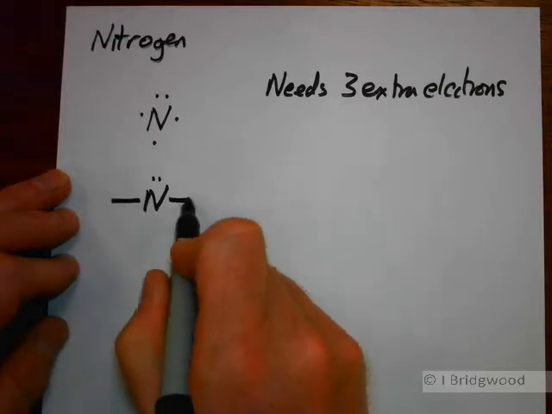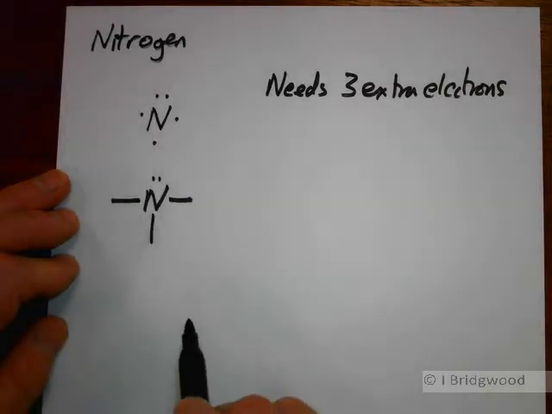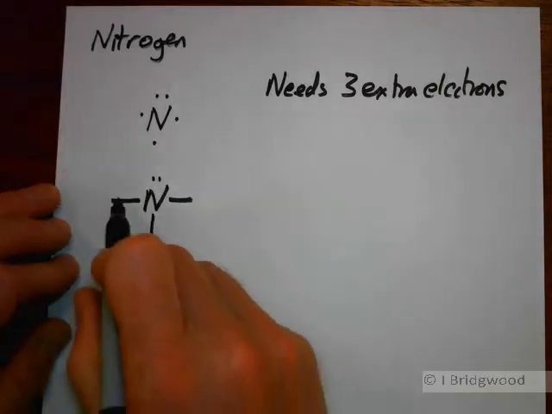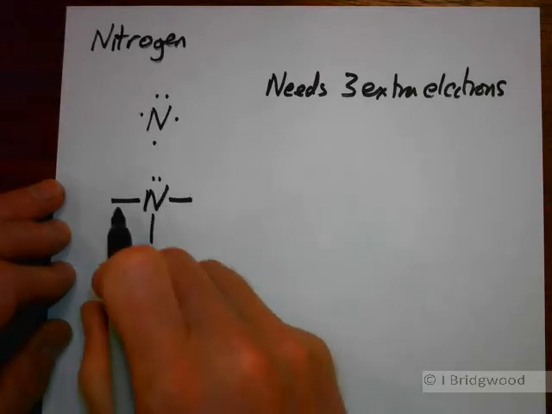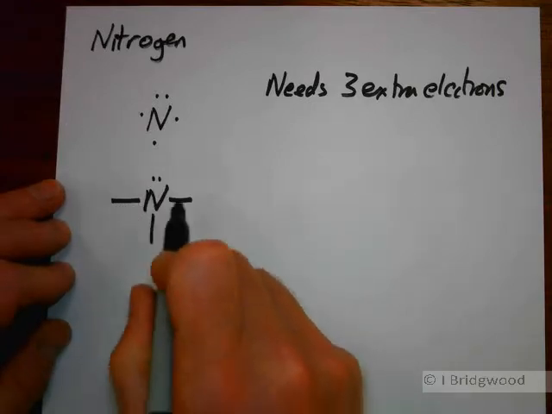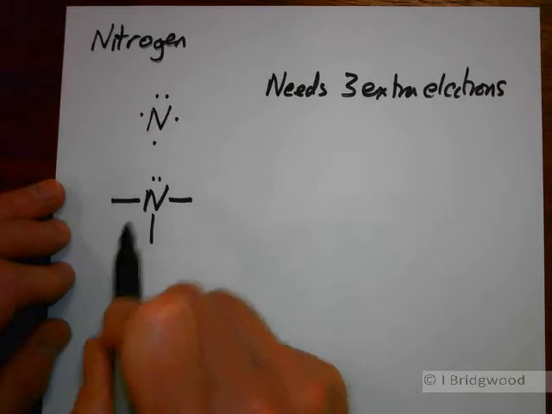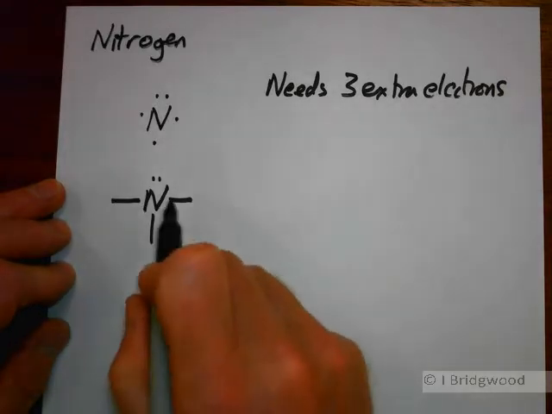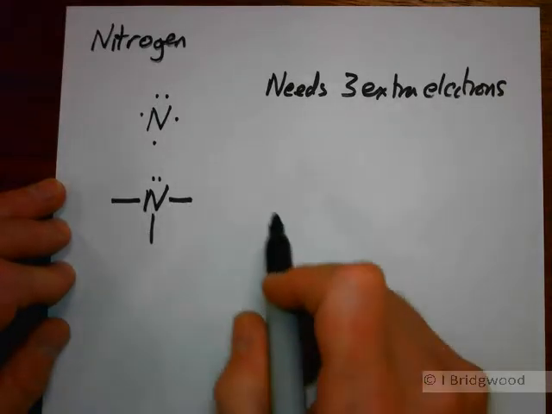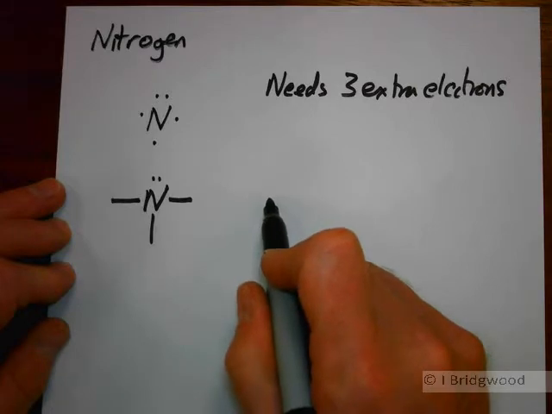You'll notice here one lone pair of electrons that's not used in the bonding, and each of the other electrons are used in a covalent bond. Each stick represents a pair of electrons, one of which is nitrogen's and one of which is the other atom.